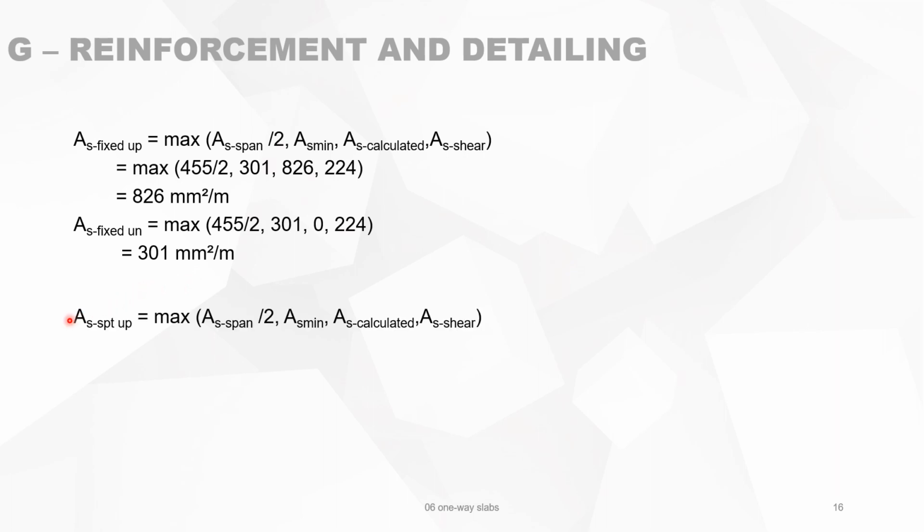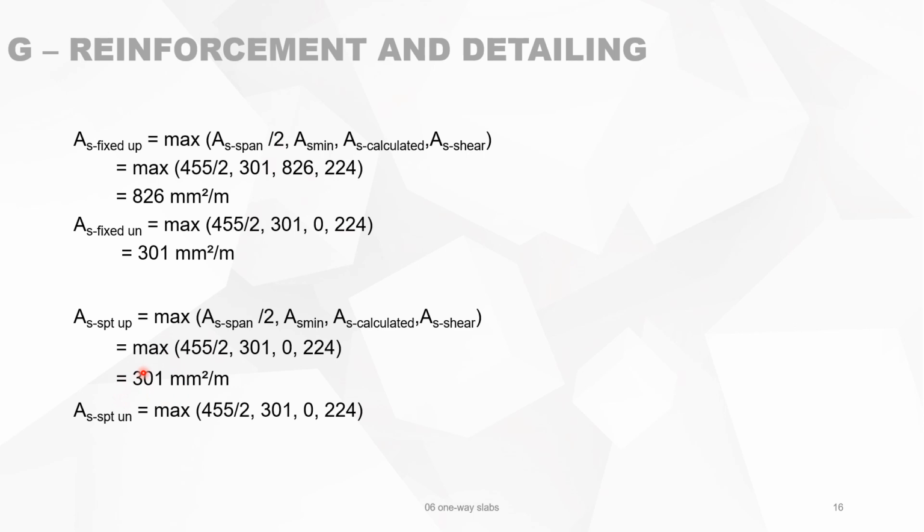And now we can look at the support which is not restrained, at the other side. It's also the same formula we apply. It's the maximum of the span reinforcement, the minimum reinforcement, the calculated, which is 0 because there is no bending moment there, and the reinforcement needed for shear, which is 224.